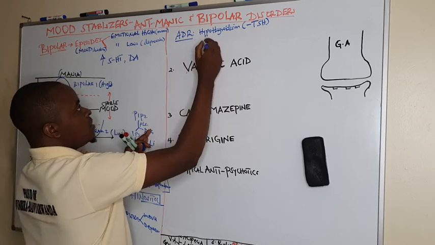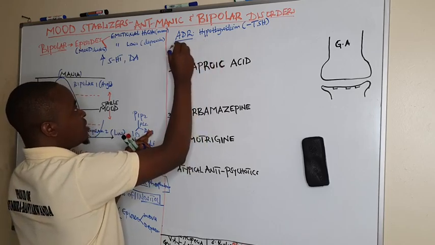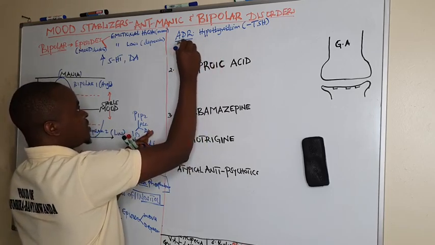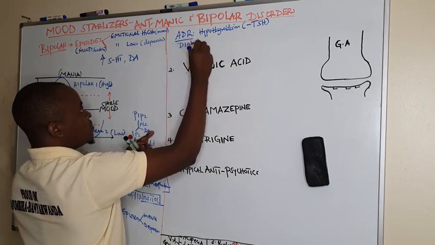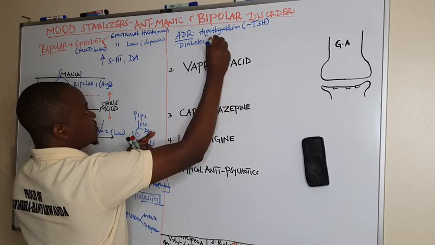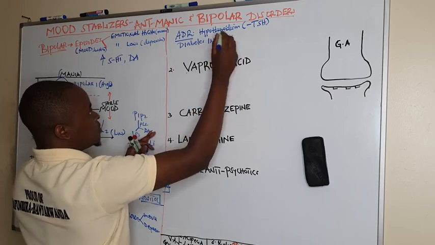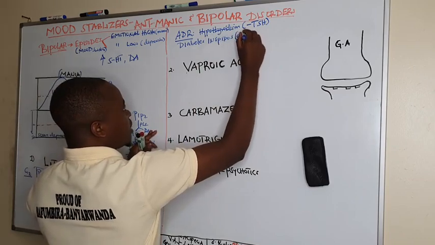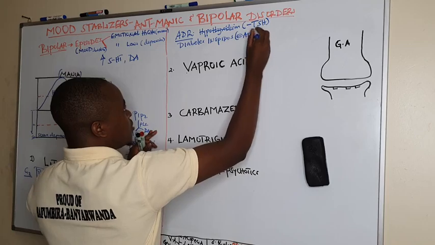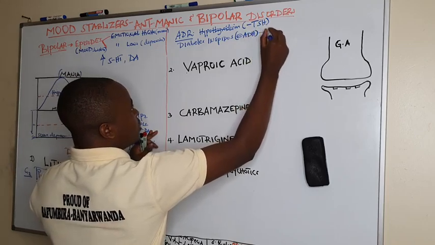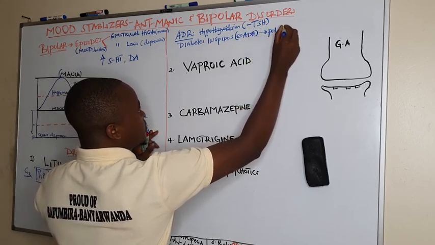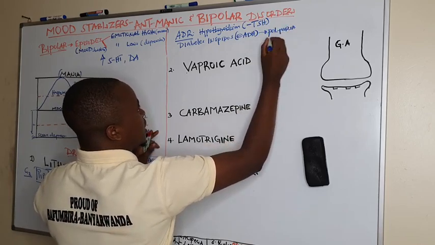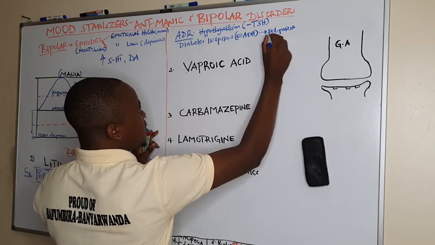Another side effect, it causes diabetes insipidus, how? By inhibiting production of antidiuretic hormone, and this leads to polyuria and polydipsia, that is increased thirst.